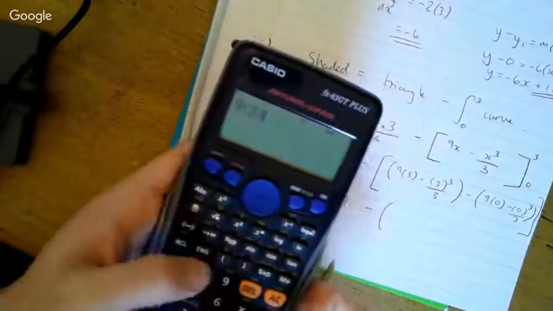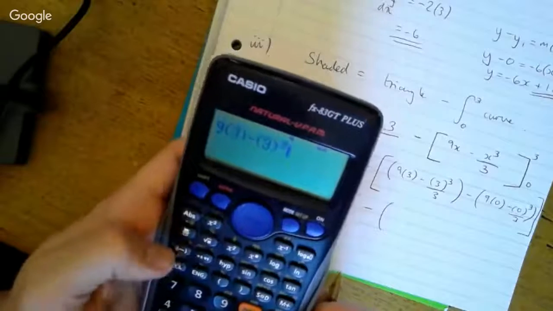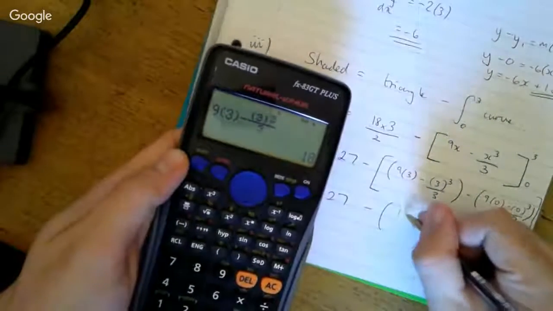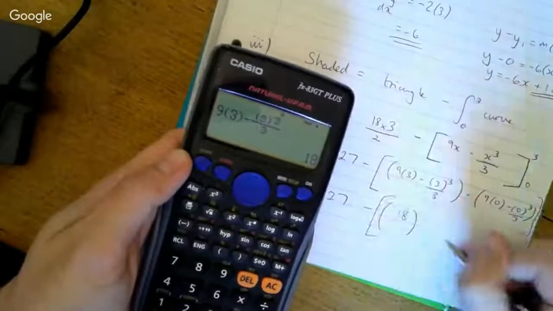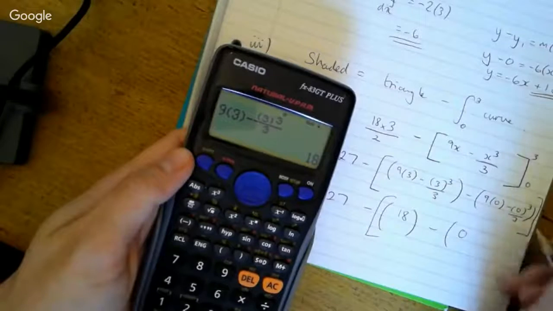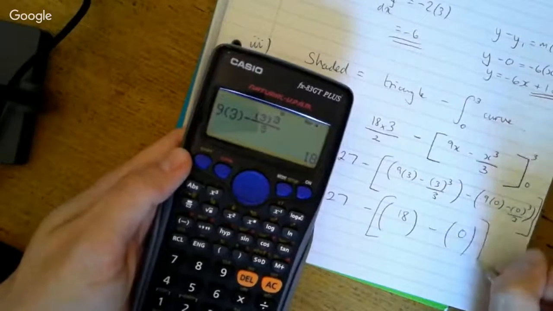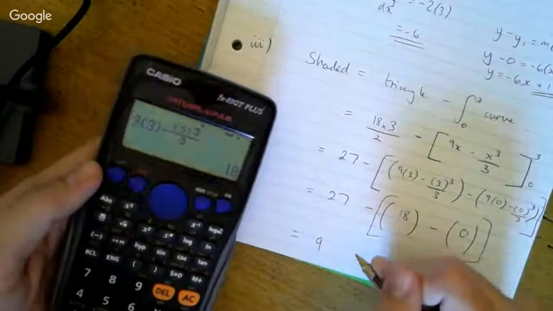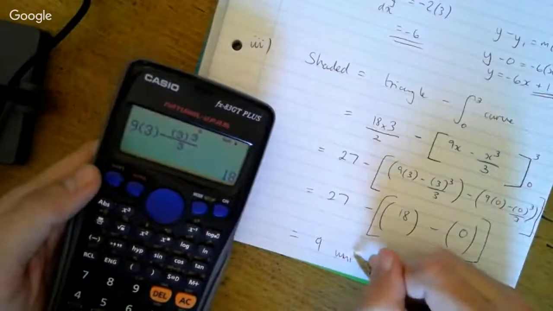So 9 times 3 minus 3 cubed over 3 equals 18, and then minus 9 times 0 take away nothing divided by 3, you know that is 0. Okay, so then it's going to be 27 minus 18, which is 9, and then you say units squared for a perfect answer.